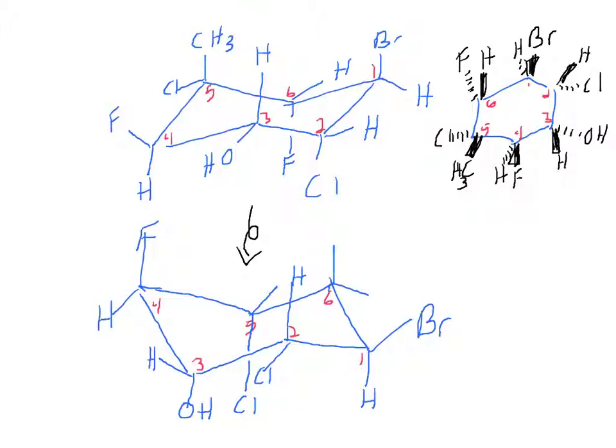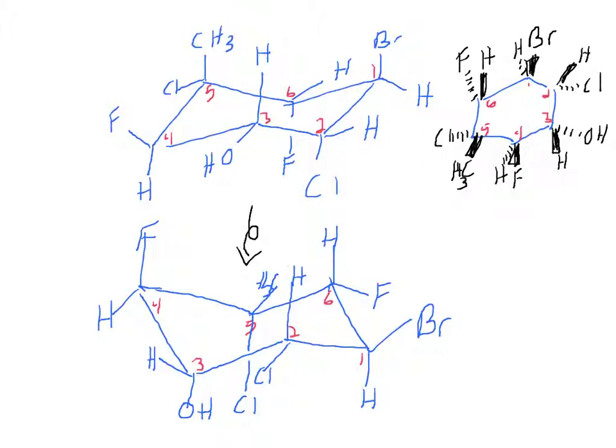That means this CH3 will be right here. Good. Okay. Oh, we didn't do carbon 6. Carbon 6 has a fluorine and an H. The fluorine was pointing down before. Now it's going to be axial or equatorial? Equatorial. Good.